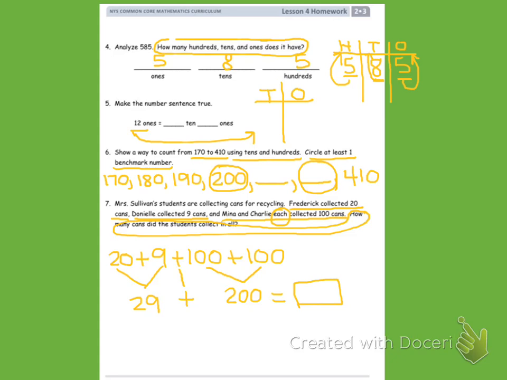We have to answer the question in a sentence. We always read, draw, write. So let's go ahead and write. How many cans did the students collect in all? The students collected blank cans in all.